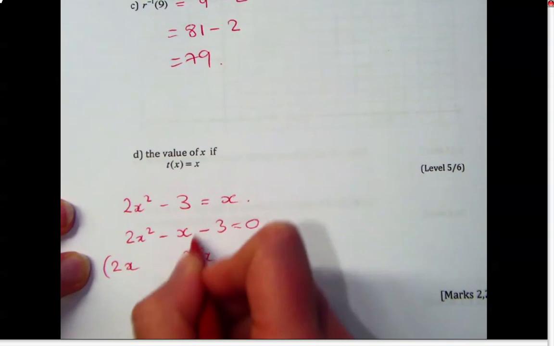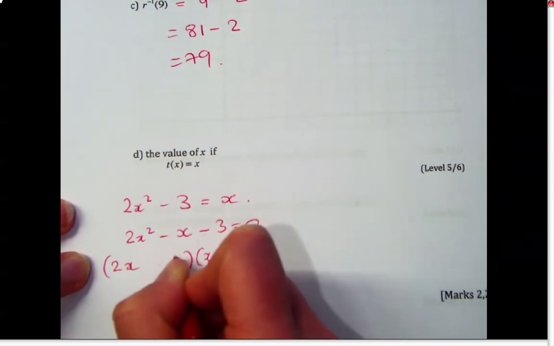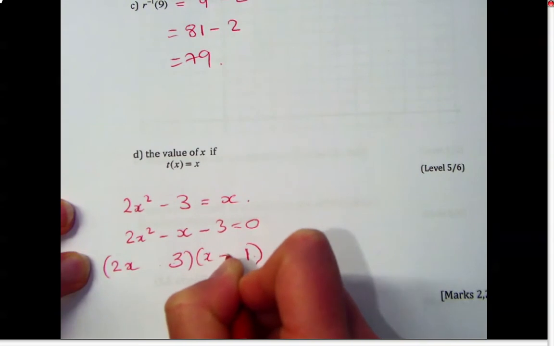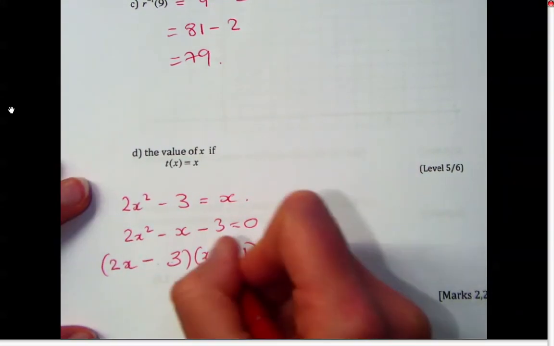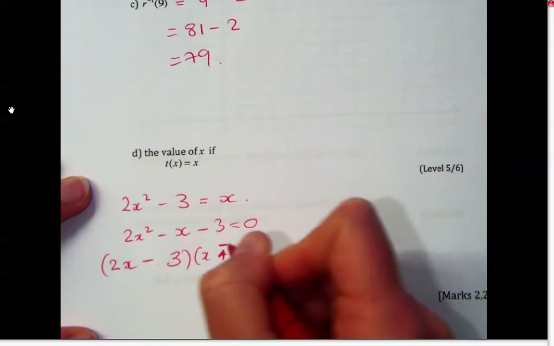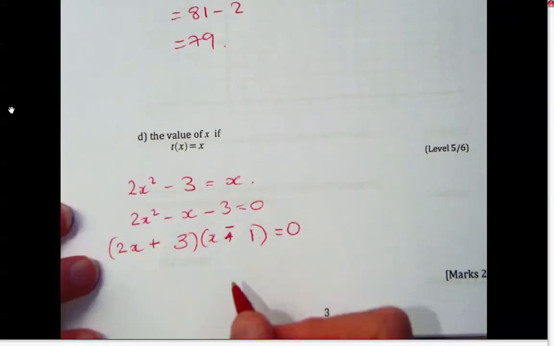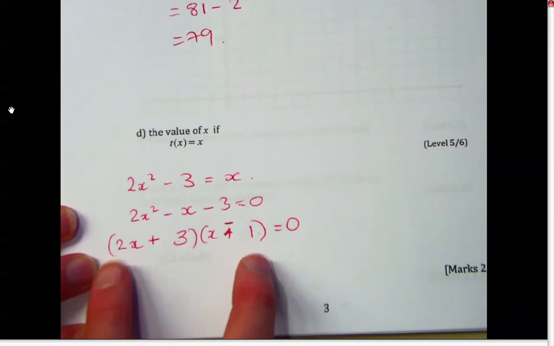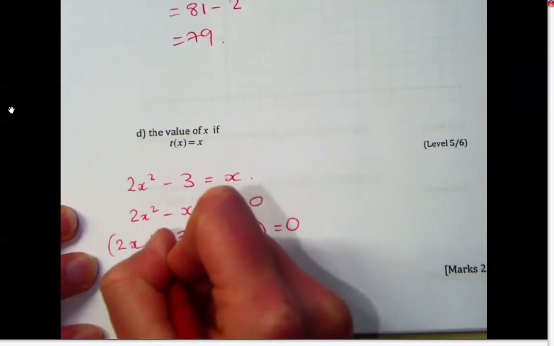I need a minus 3, so it's going to be 3 and 1 or 1 and 3. Negative 1 and positive 3. So the answer now, that will work, because I'm going to get plus 3x. No, it was right the other way around.